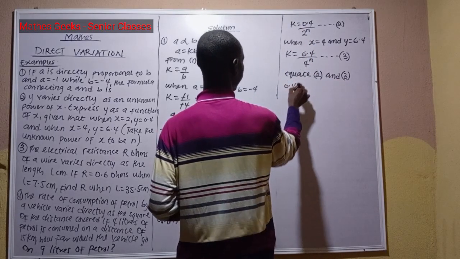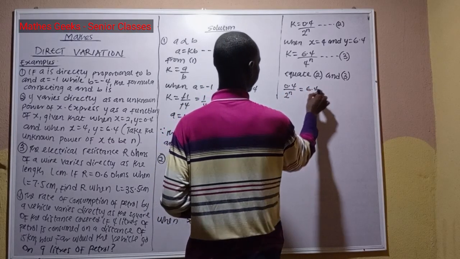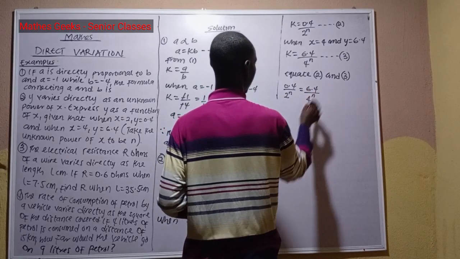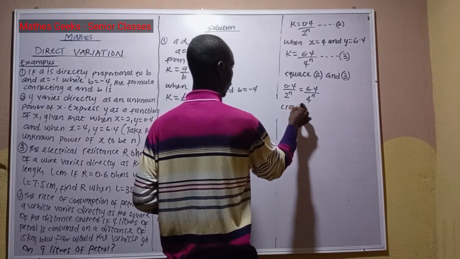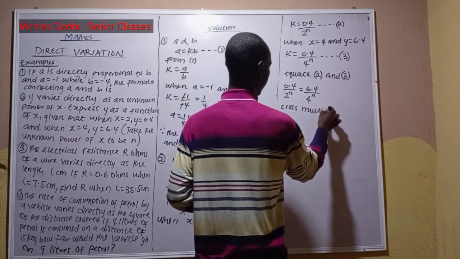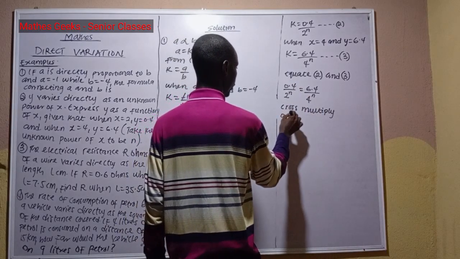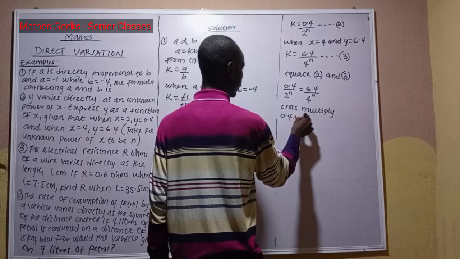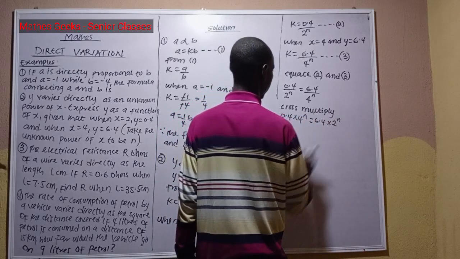So 0.4 over 2 raised to the power n is equal to 6.4 over 4 raised to the power of n. Okay, so next is cross multiply. So 0.4 times 4 raised to the power n equals 6.4 times 2 raised to the power of n.